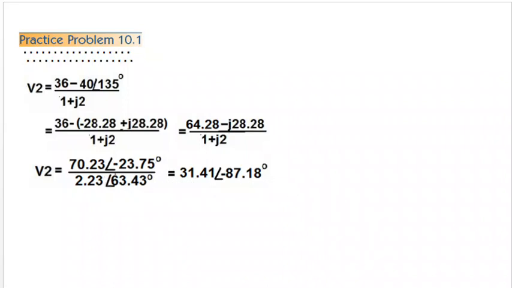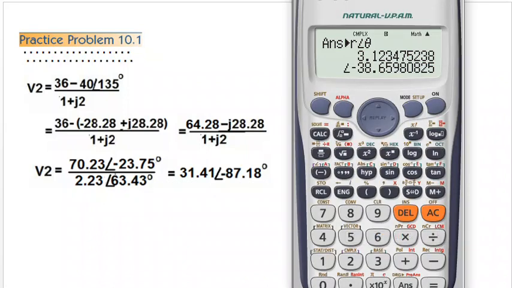Now how easily we can do with the help of a calculator. Now just see, clear this. Again, this is in the fraction form, so we'll write fraction. 36 minus 40 angle 135, and for angle we use this function.